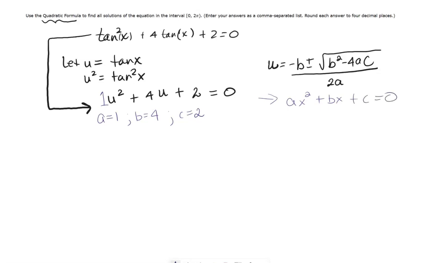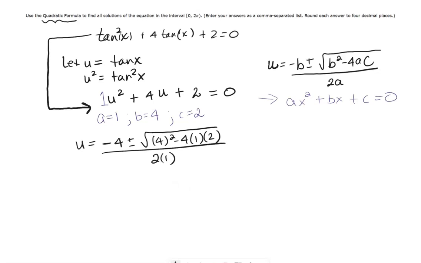Now, let's substitute a, b, and c into our formula. So we have u equals negative b, b is 4, plus or minus the square root of b squared, 4 squared, minus 4 times a times c, divided by 2 times a.